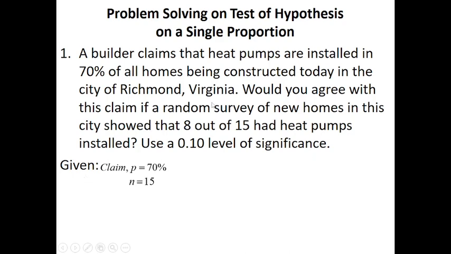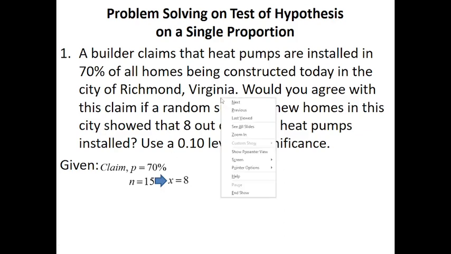So we have n, the total number of homes, which is 15, and 8 of those 15 homes have heat pumps. So we have x equals 8. This is a single proportion.